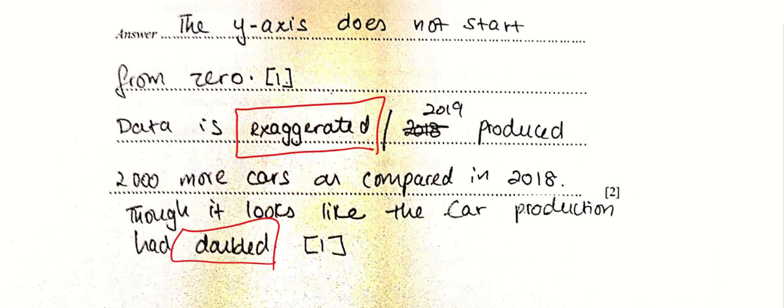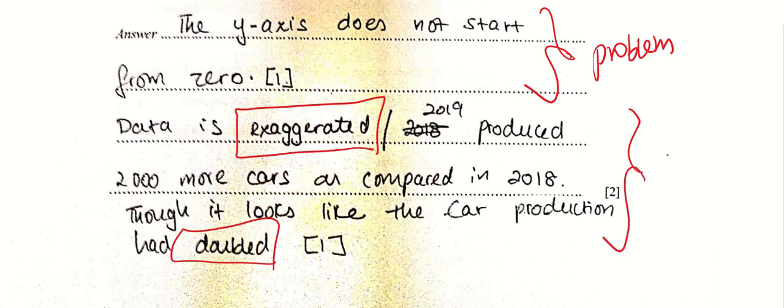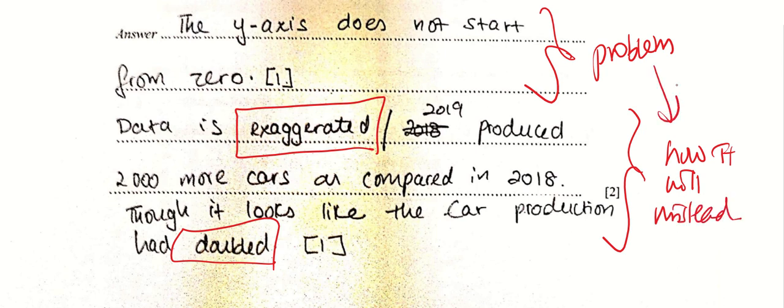So the first mark goes to spotting the problem in the graph. The next mark goes to how it will mislead people.